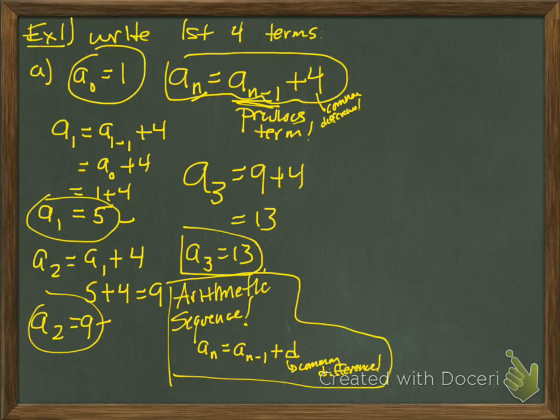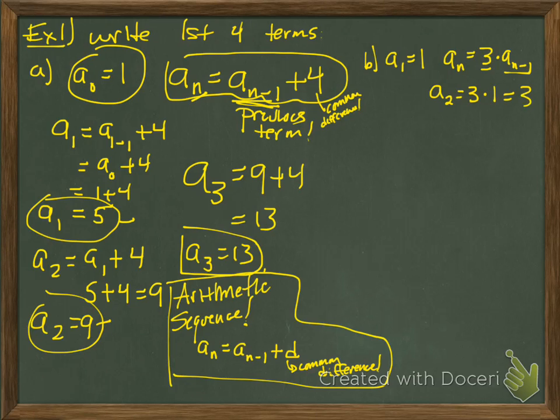Let's look at one more example of a recursive rule. So let's say a sub 1 is 1, that's my first term, and a sub n is defined as 3 times a sub n minus 1. Basically, I do 3 times the previous term, right? If I want to find the nth term, n minus 1 is just the term before it. So, if I wanted to find a sub 2, I'm going to do 3 times the term before it, a sub 1, which I know is 1.